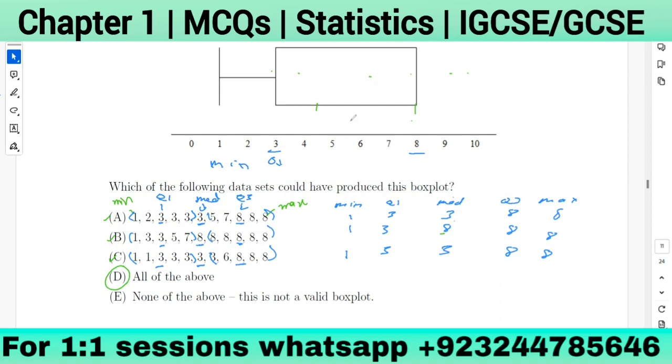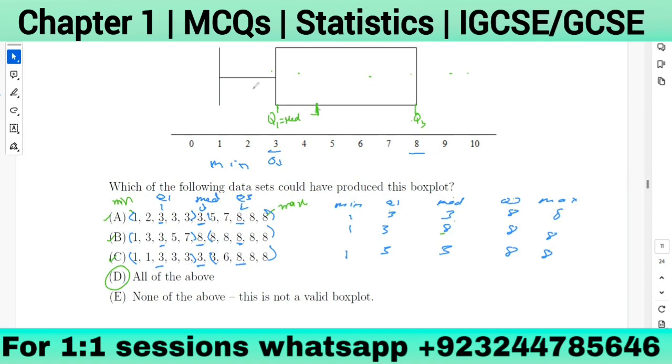For the first one, median is 3 here, Q3 is 8 here. Q1 is 3 and median is also 3. Q1 is equal to median in the first one.